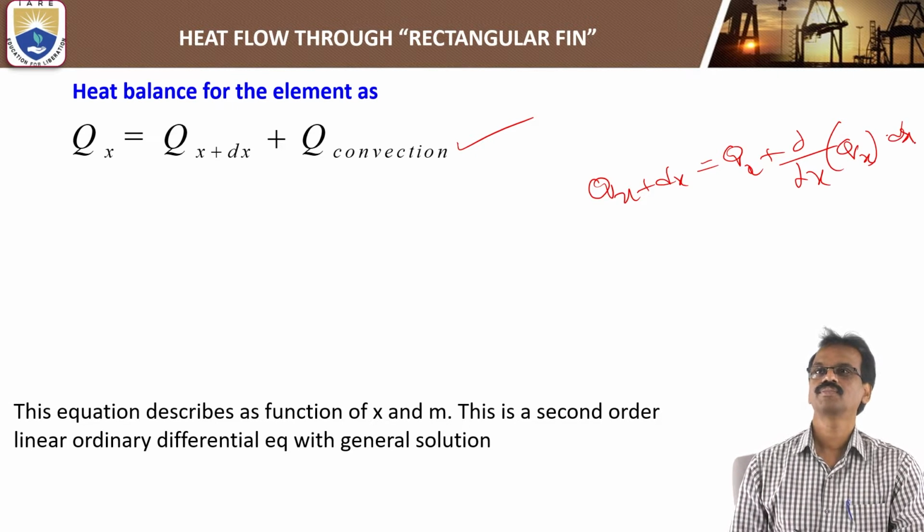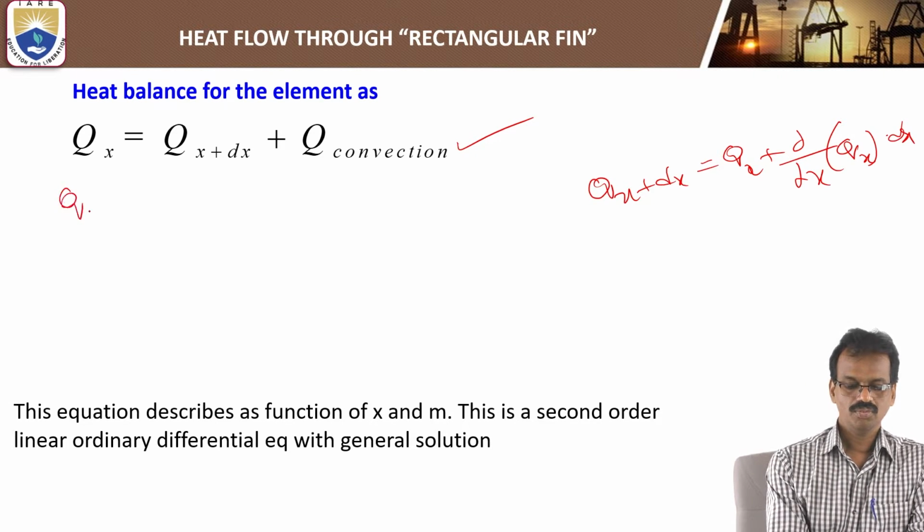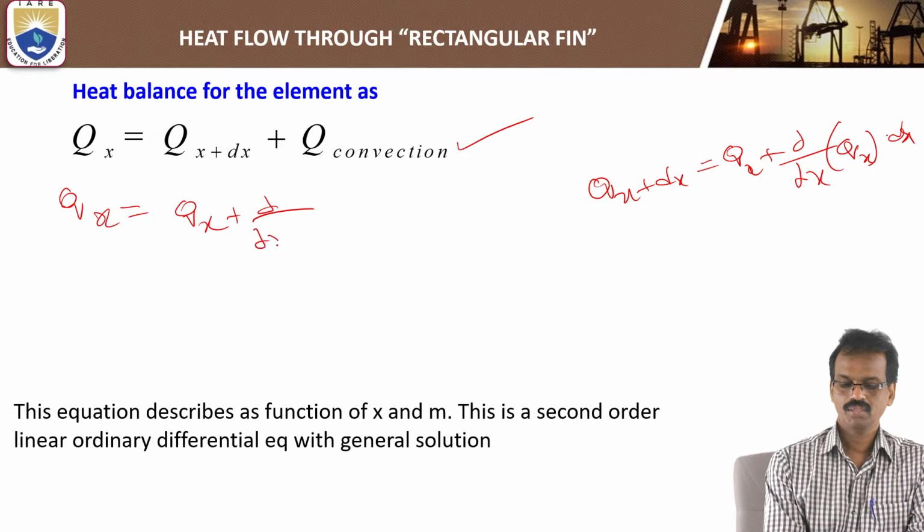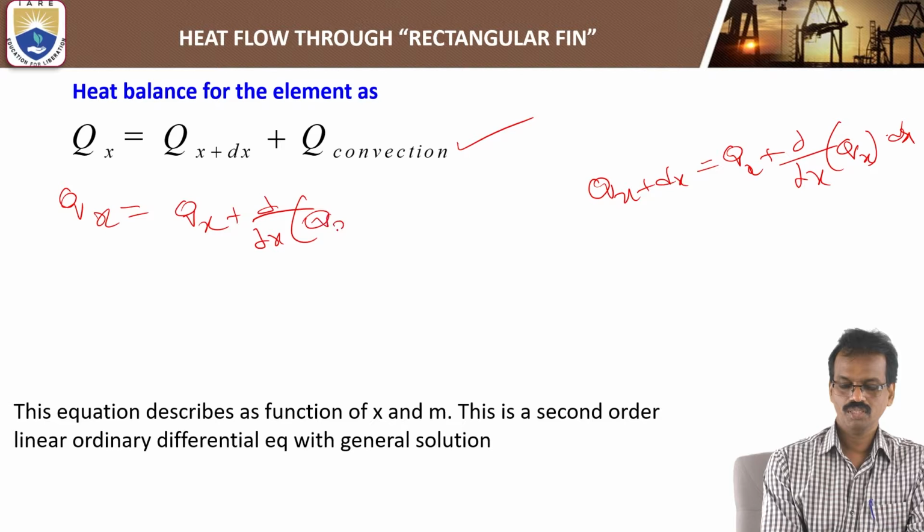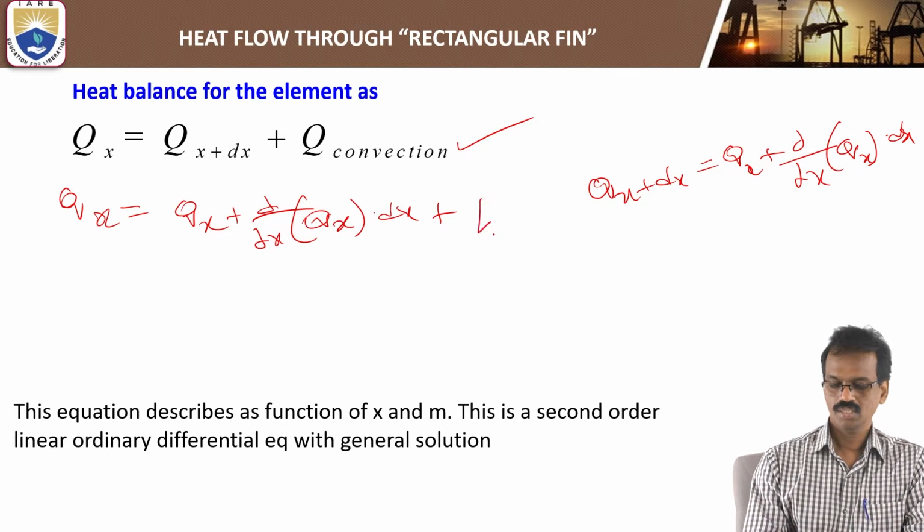So Qx is equal to Qx plus dou by dou x of Qx into dx plus Q convection, which is h A into the temperature drop, that is T minus T infinity.